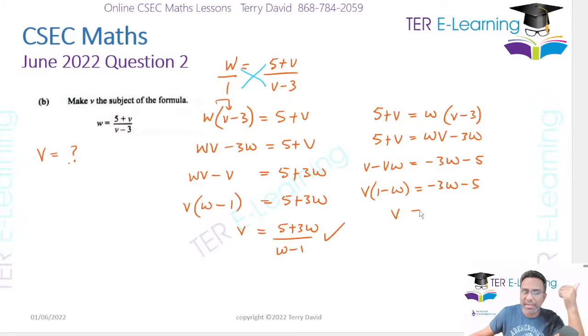So therefore V is equal to minus 3W minus 5 all over 1 minus W. So this is an alternative answer that some of you may have gotten in the exam. Right, so that's my answer for part B.